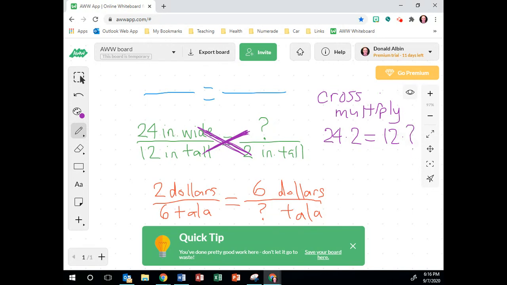Well, 24 times 2 is 48. 48 is 12 times what? Well, 12 times 4 is 48. So our question mark becomes 4 inches wide.